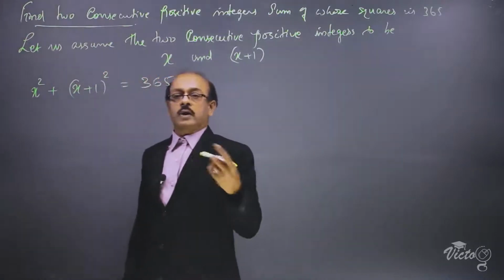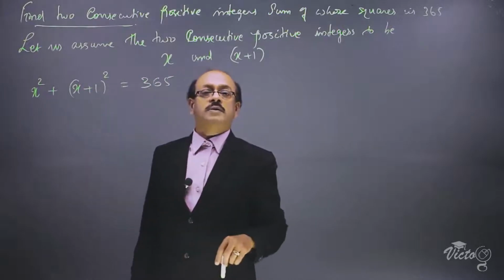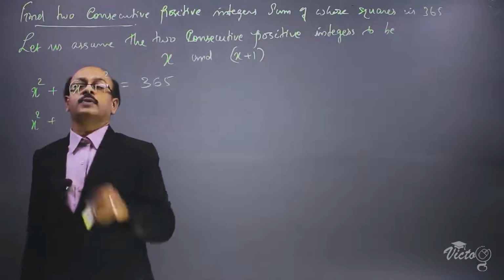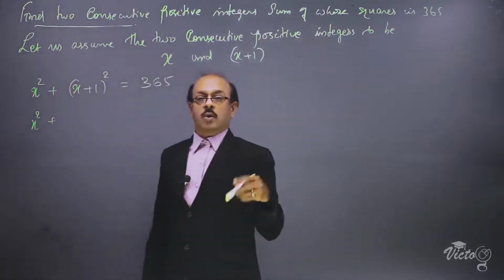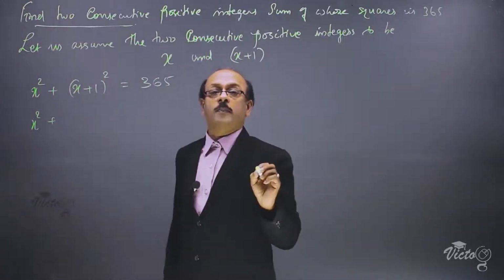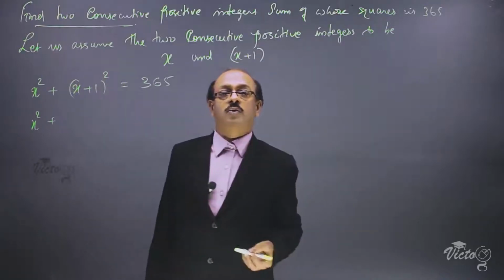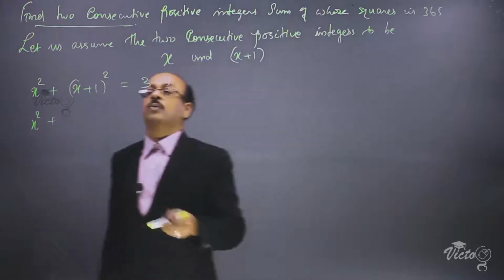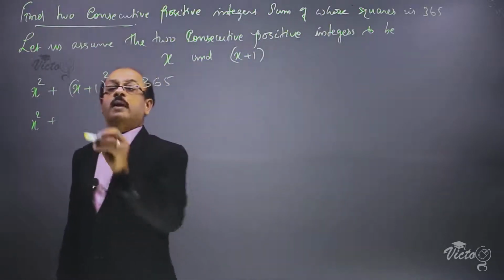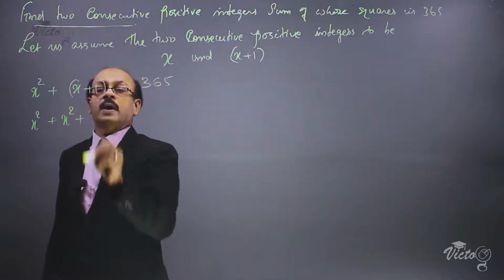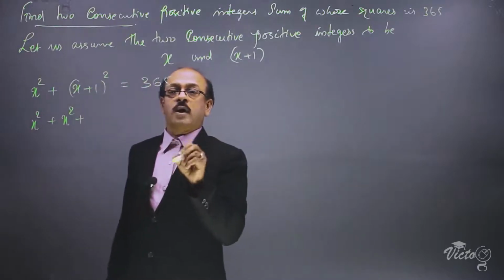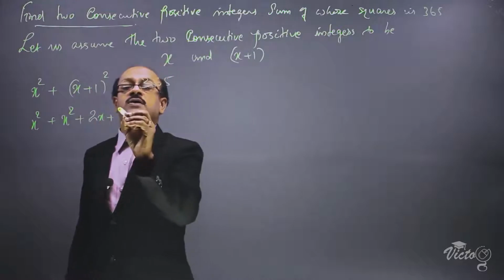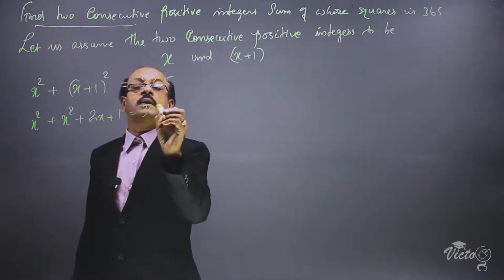Now we have to expand x plus 1 the whole square using the identity a plus b the whole square, which is a square plus 2ab plus b square. Now x plus 1 the whole square becomes x square plus 2 into x into 1, that is 2x, plus 1 square, which is 1 itself, is equal to 365.